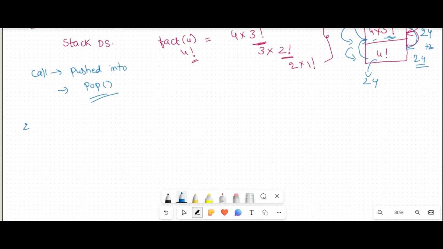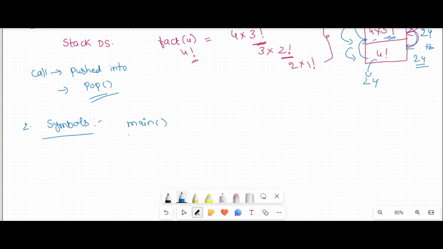Similarly, our second application is balancing of symbols. How is a stack used to check balancing of symbols? For example, I'm writing simple code.